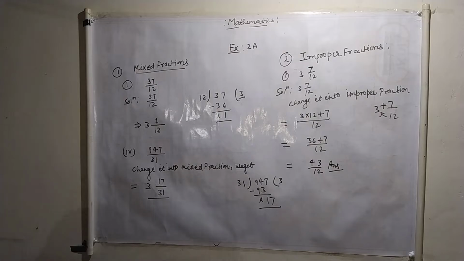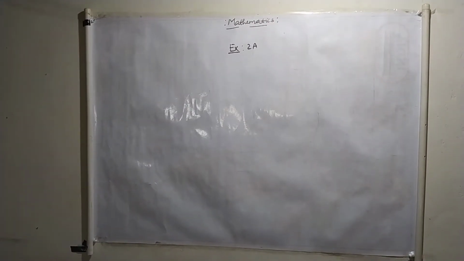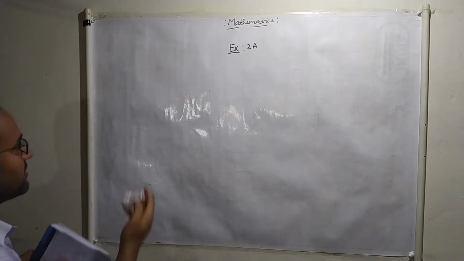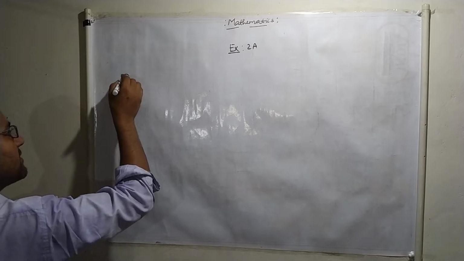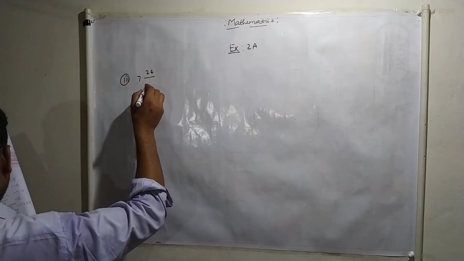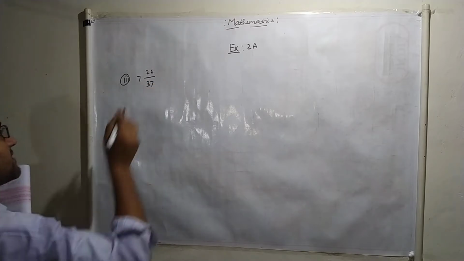Okay students, now one more question I want to do, question number 3rd. This one is easy. 3rd is 7 whole 26 upon 37.